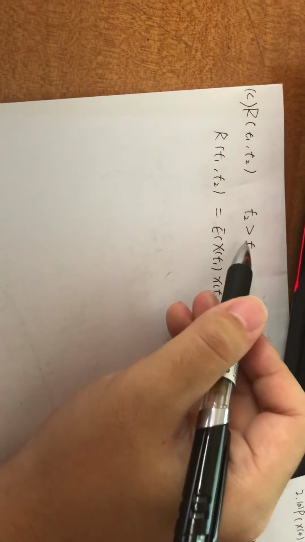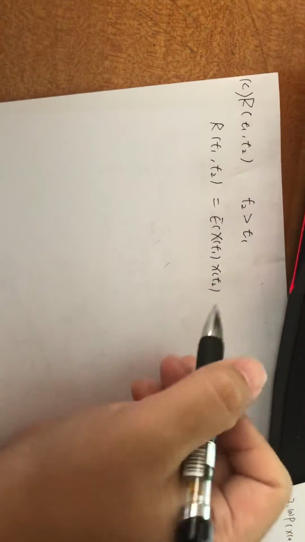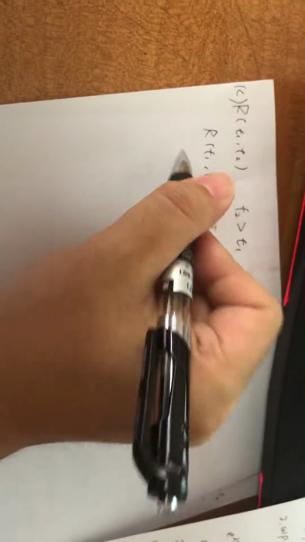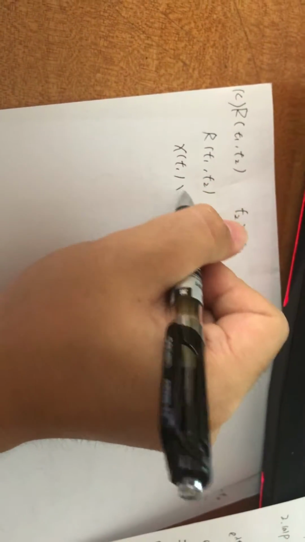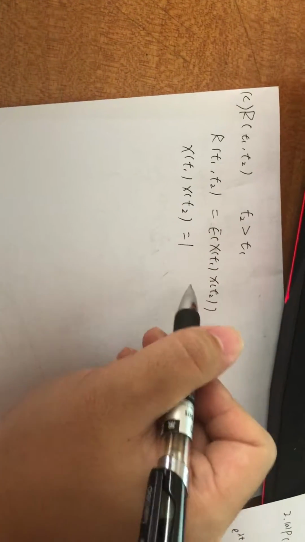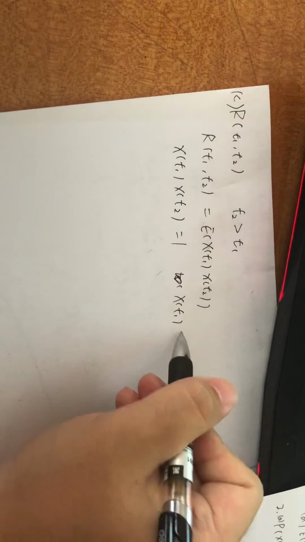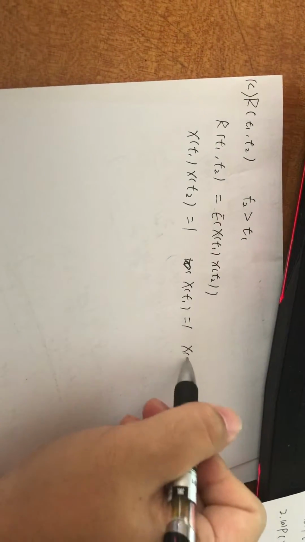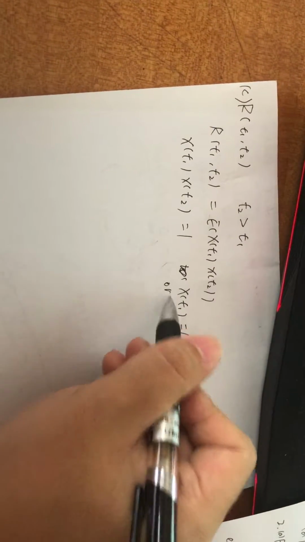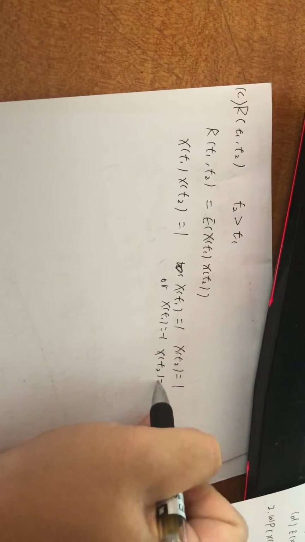So when t2 greater than t1, the first one is when X(t1) times X(t2) equal to 1. X(t1) times X(t2) equal 1 means X(t1) equal to 1, X(t2) equal to 1, or X(t1) equal to negative 1, X(t2) equal to negative 1.